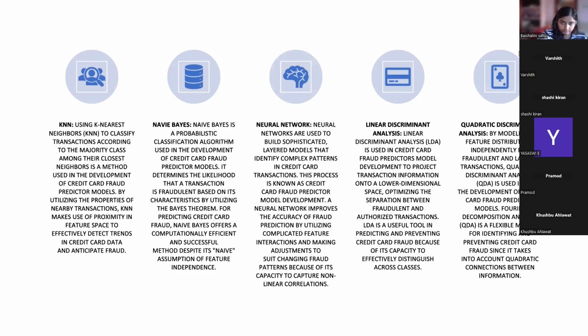Naive Bayes is a probabilistic classification algorithm that makes predictions based on Bayes theorem, assuming the features are independent. It's commonly used for text classification. Neural networks are a computational model inspired by the human brain, consisting of interconnected nodes.